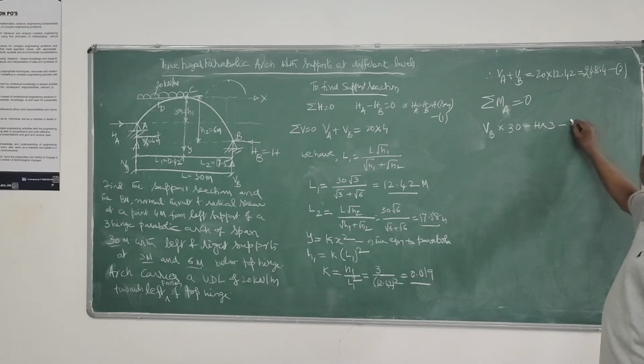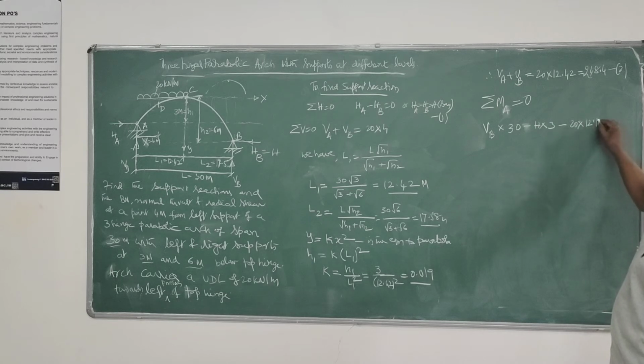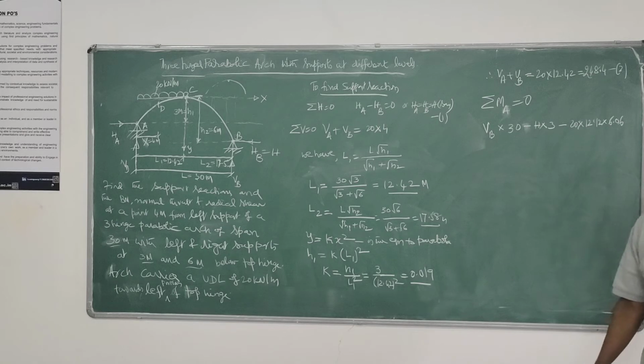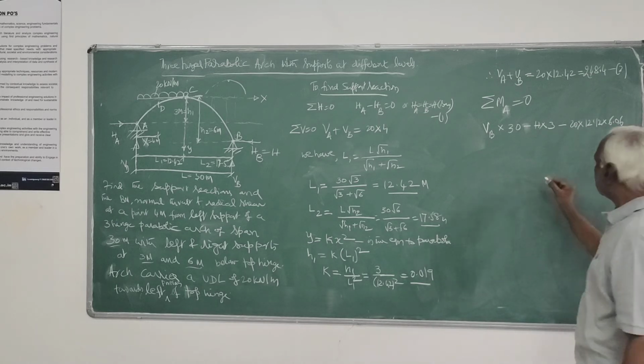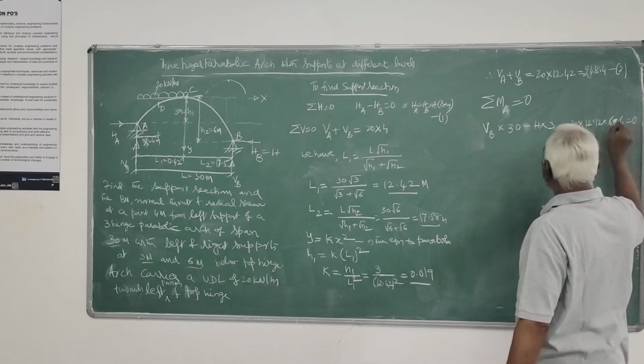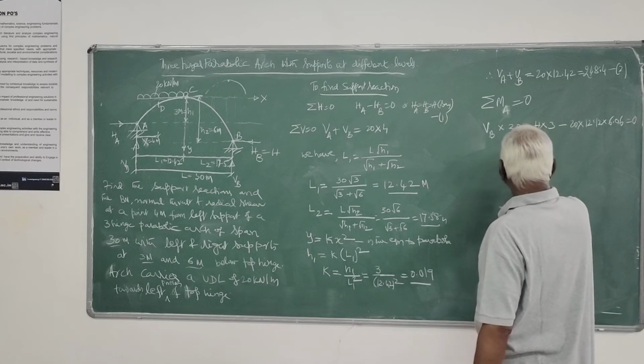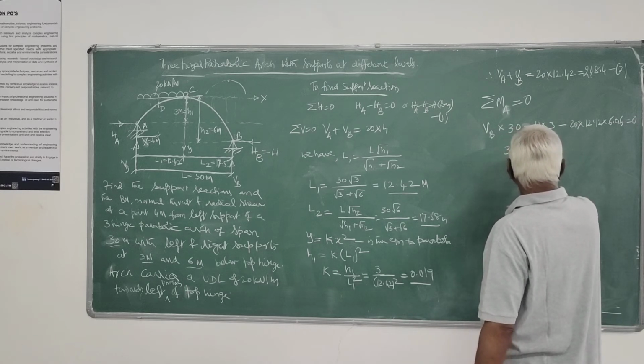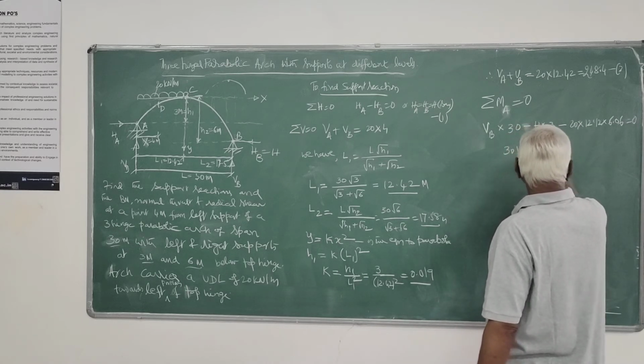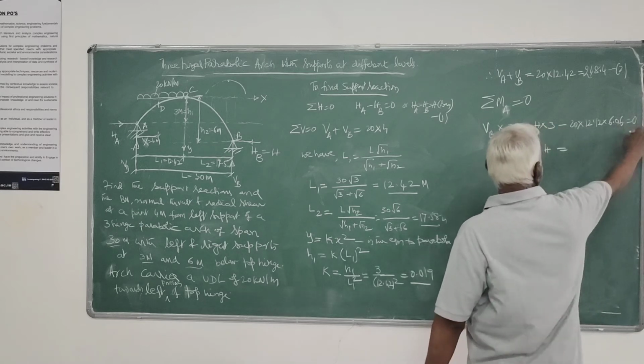that is 20 into 12.12 into 6.06, half of that. So you will have equals 0. You have one equation, 30 VB minus 3H. This you can simplify.